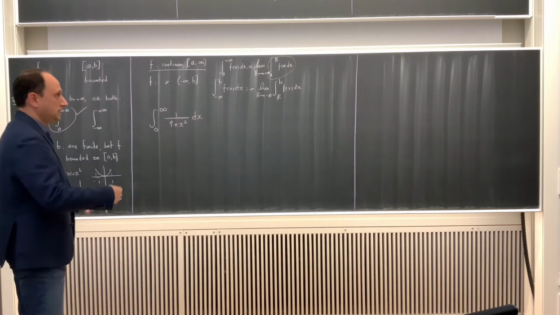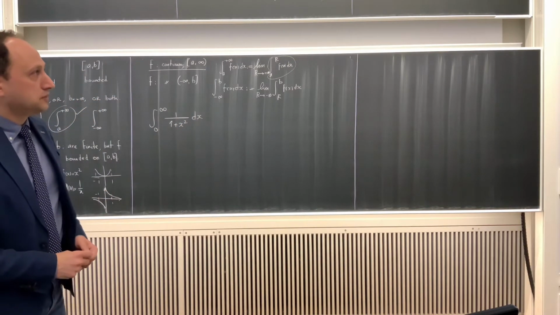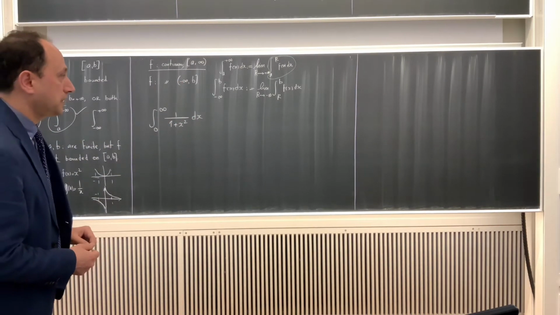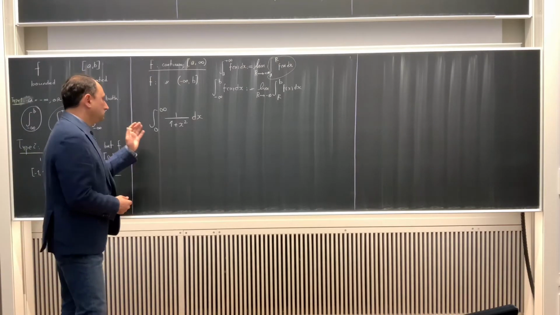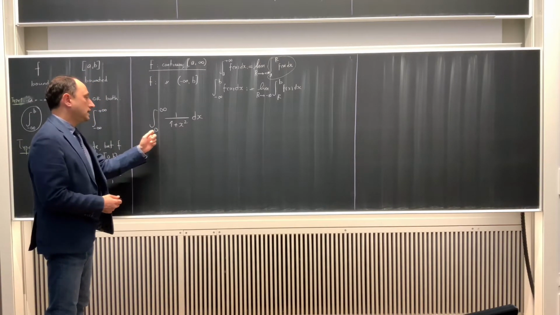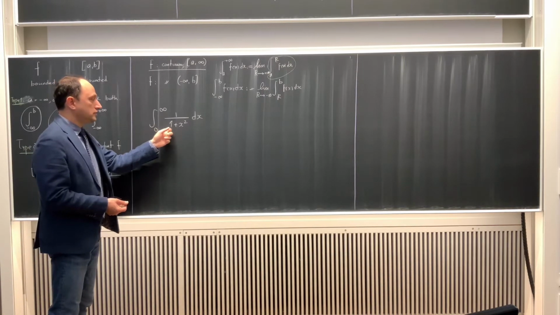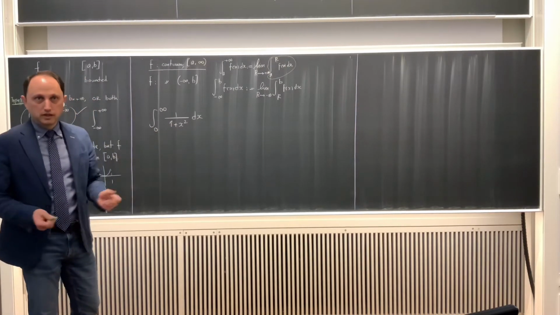So the question is this. Compute the following improper integrals. Or we can ask in this way: does this integral converge or diverge? If it converges, what is the answer? Okay, something like that.